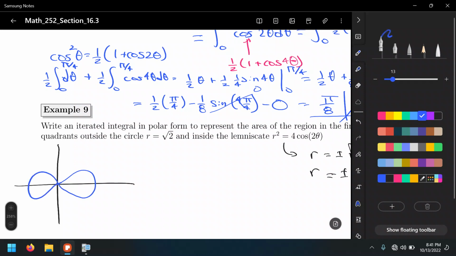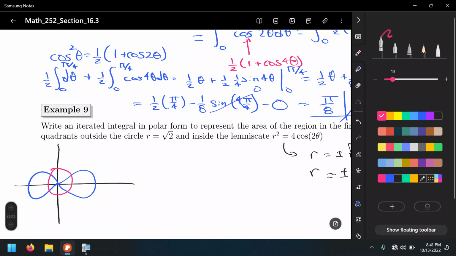All right, so that's one graph, and the other graph is r equals the square root of 2. Essentially this function r equals the square root of 2 is telling us something that has a radius of square root of 2. It's just a circle, isn't it? So it's going to be this circle right here.